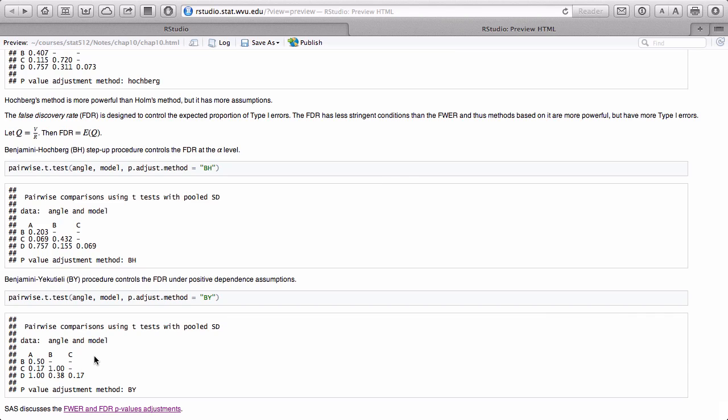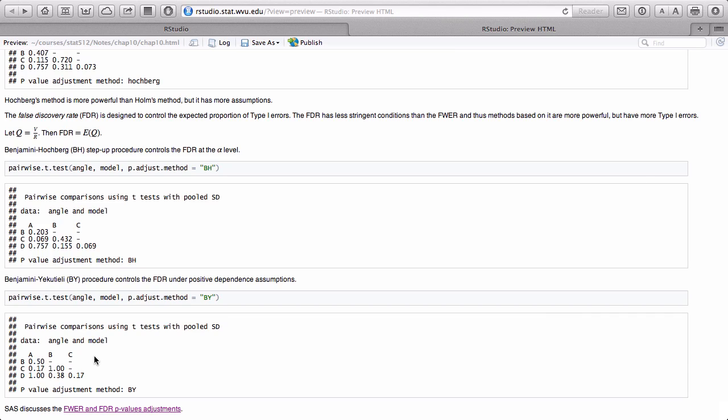I should mention one final fact. These multiple comparisons procedures do not necessarily assume that these are pairwise tests. They can be any M tests. But if the M tests are too highly correlated, then you get into trouble. So again, that initial procedure I showed you assumed that you had independence.